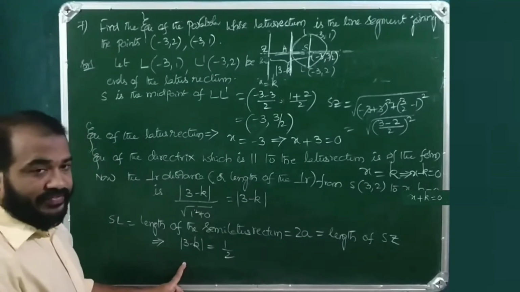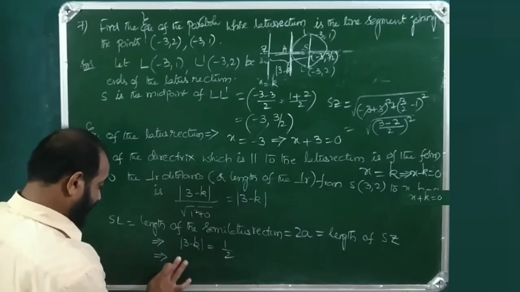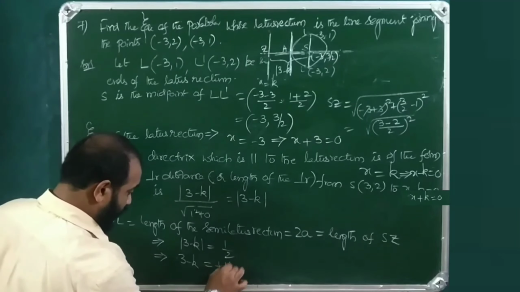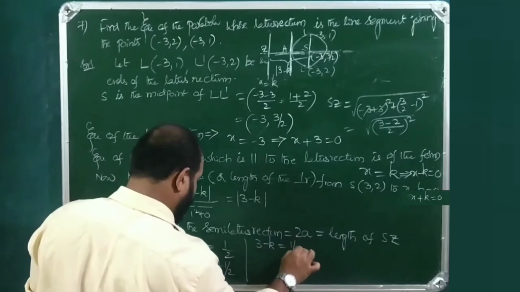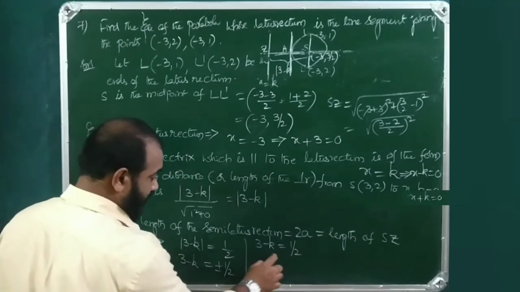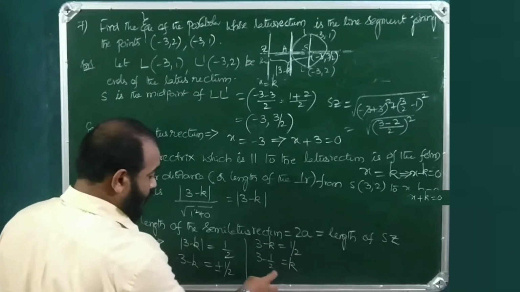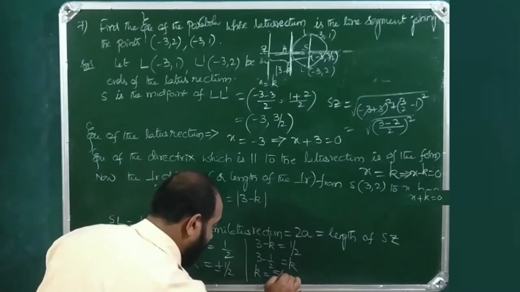So modulus means plus or minus. From this, 3 minus k equals plus or minus 1 by 2. For 3 minus k equals plus 1 by 2, k equals 3 minus 1 by 2, so 6 minus 1 gives k equals 5 by 2.